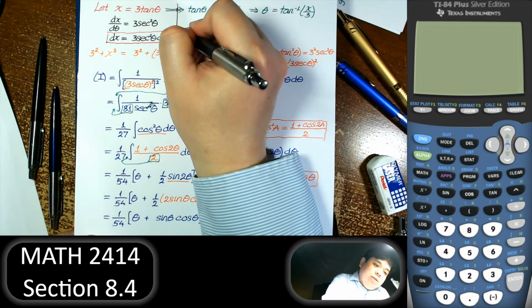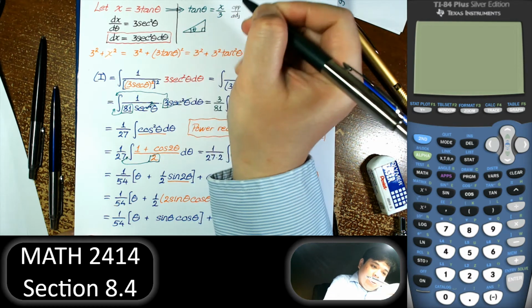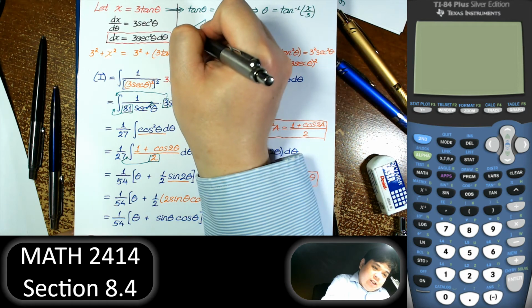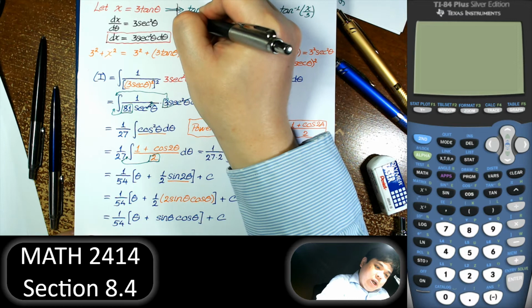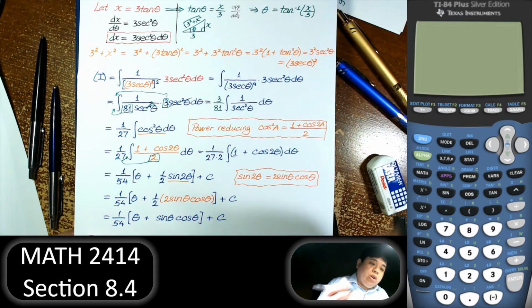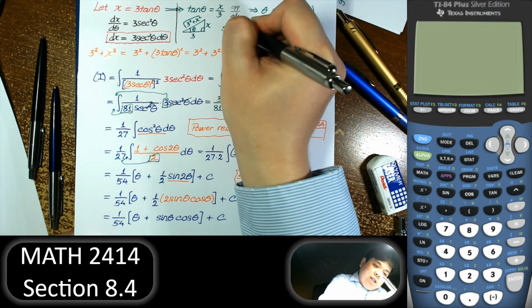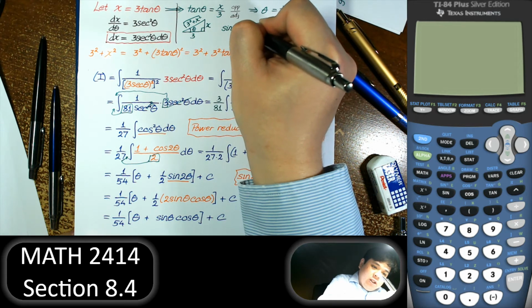So we have a little triangle, opposite and adjacent. So the hypotenuse is equal to the square root of 3 squared plus x squared. With that, we can say sine is opposite over hypotenuse.